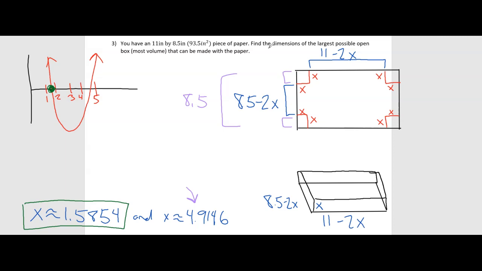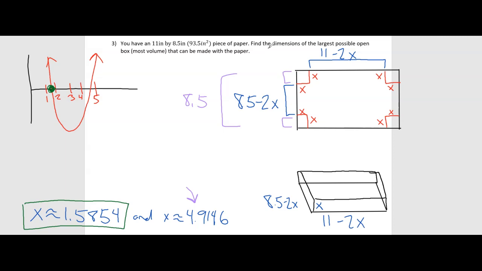So even if our function had gone from positive to negative at that x value, we would have to be aware that that's not actually a possible solution anyway. The most we could make our x cut would be 4.25, because that would be half of 8.5. Well, actually something less than 4.25, because we need to have a width. So just pay attention to what the x values are.